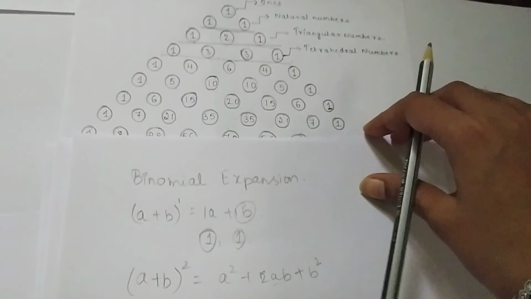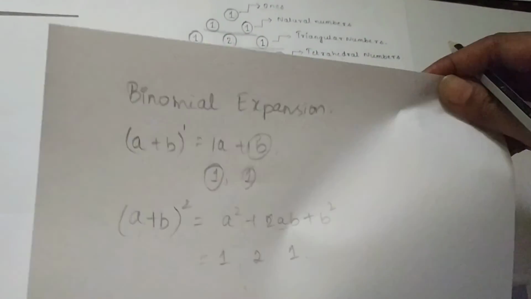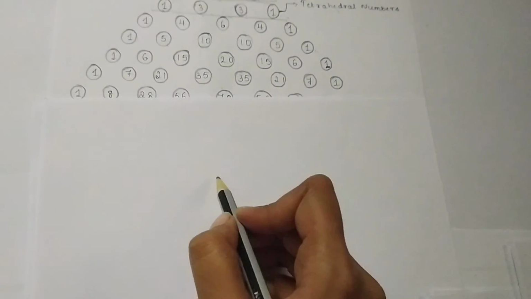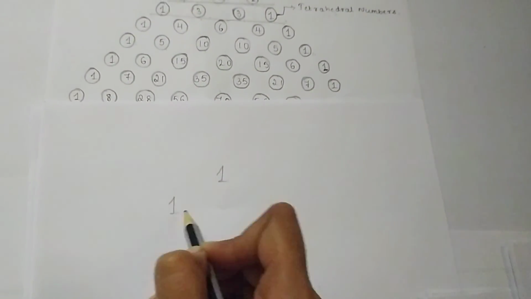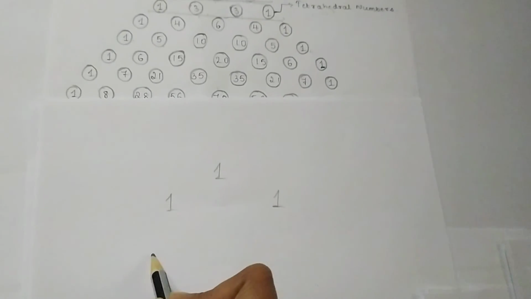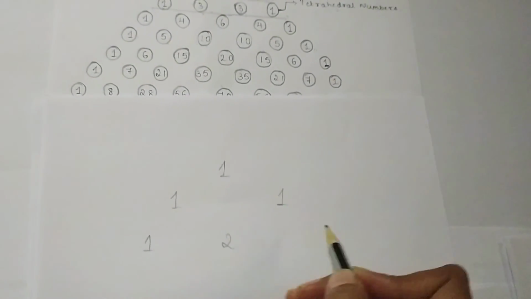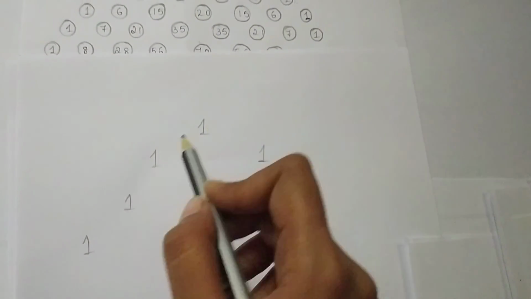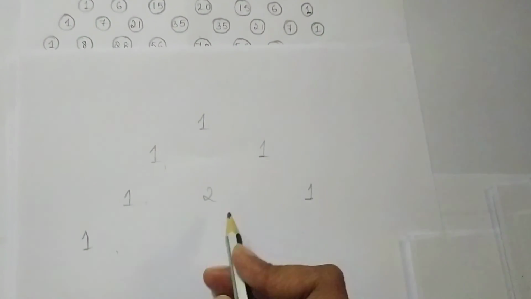Next, about the Pascal's triangle. Let us write here once again the Pascal triangle. Okay guys, this is row 0, row 1, row 2, row 3.